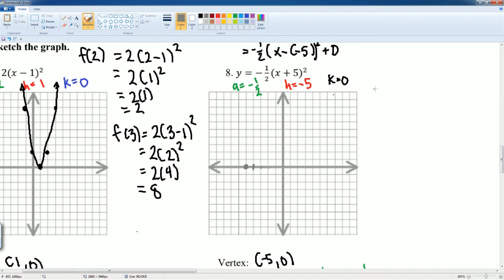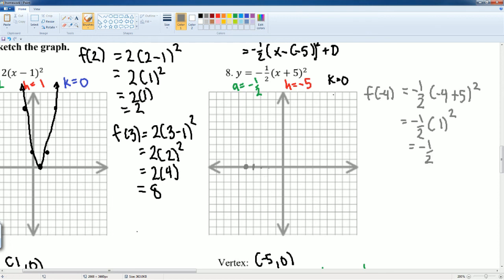I'm going to plug in -4 here into the function. -4 plus 5 squared, because that's the original function. So -1/2 times (-4 plus 5), that's 1 squared. And this just looks like -1/2.